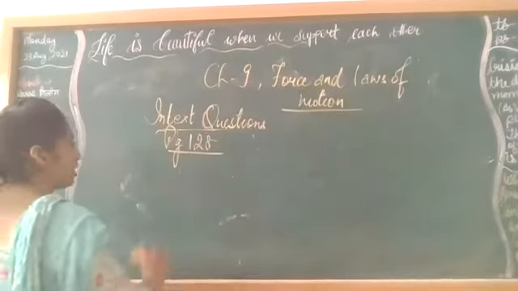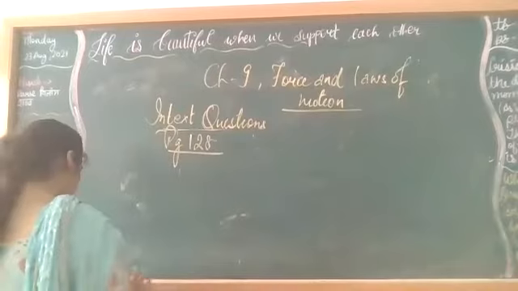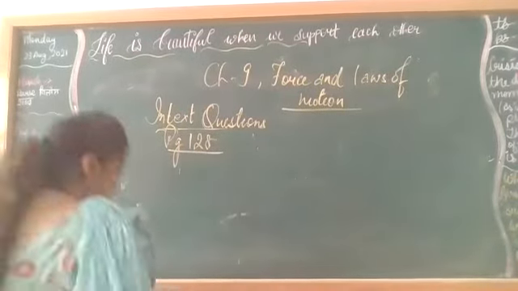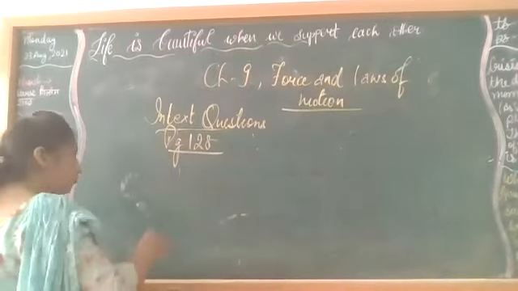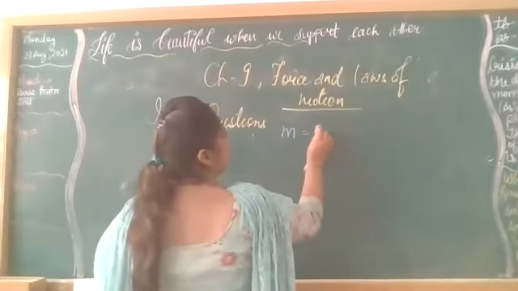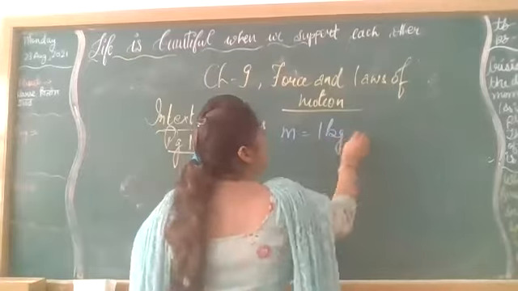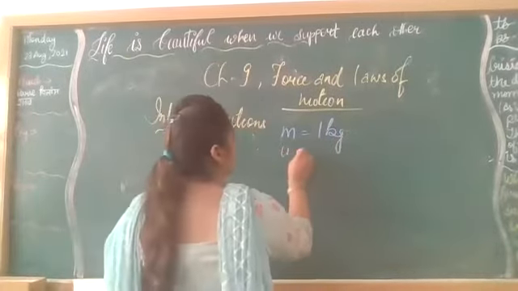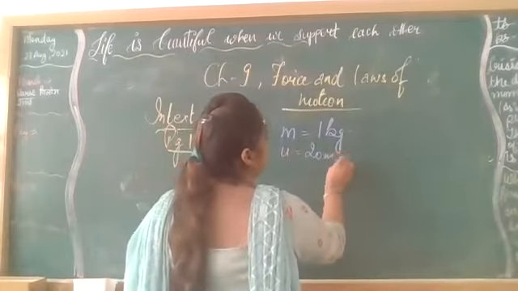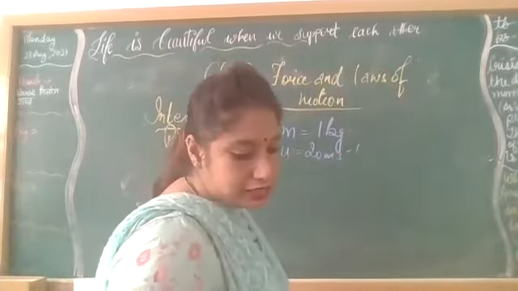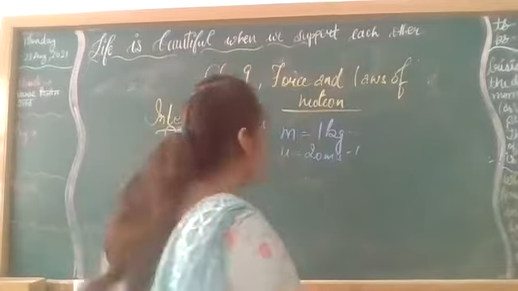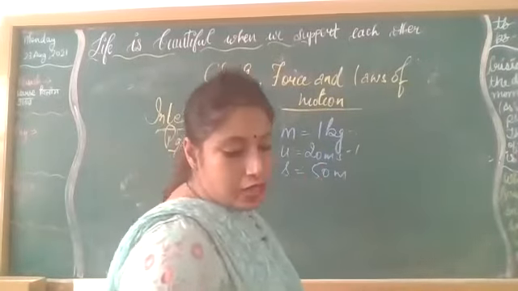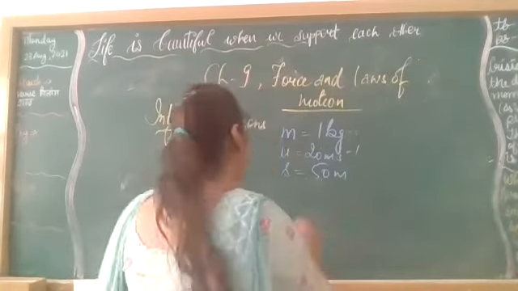Mass is already given, that is 1 kg, and U is 20 meters per second. Traveling distance is 50 meters, and it comes to rest.